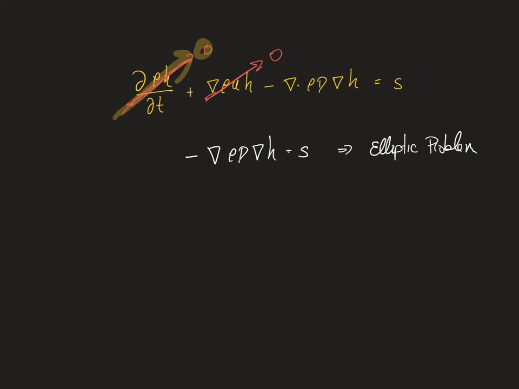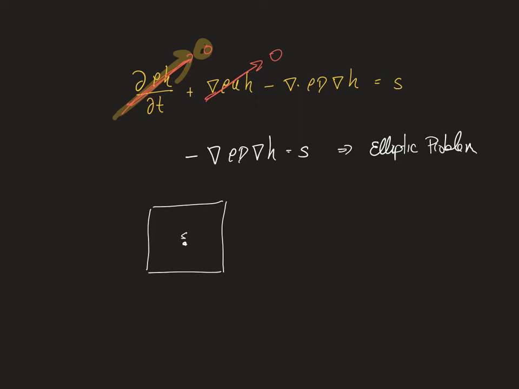So when we solve this equation, let's assume we have a domain like this, and we impose a source here in the middle, a point.